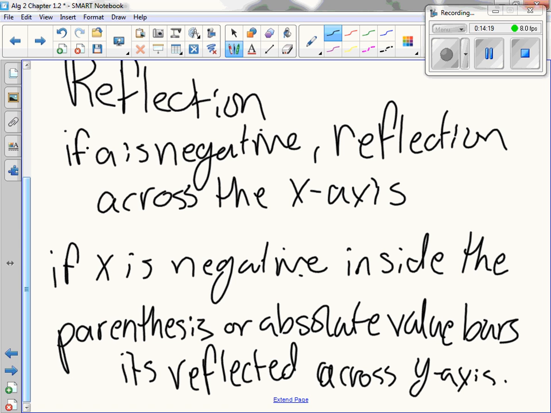This is what that second one's talking about. Or f of x equals the absolute value of negative x. So if the x inside those parentheses or absolute values is negative, it's a reflection across the y.